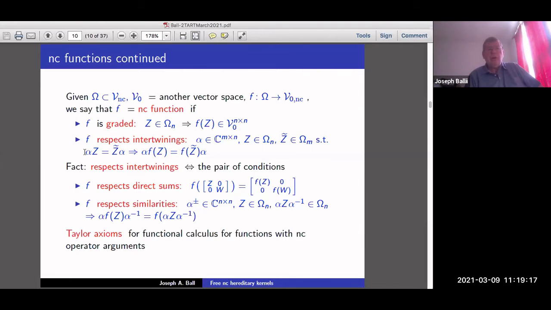So it preserves intertwining. Intertwining in the domain forces intertwining in the range.